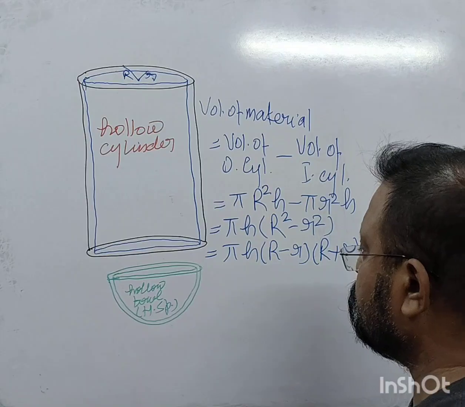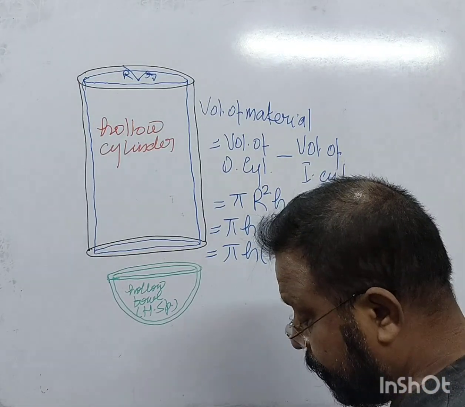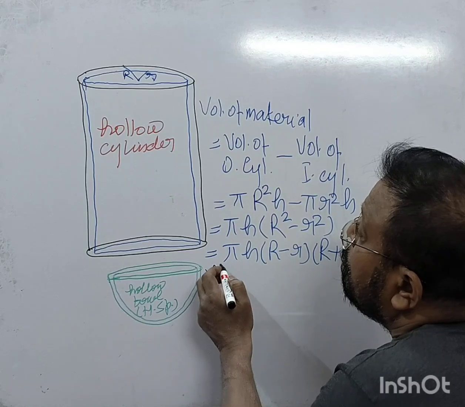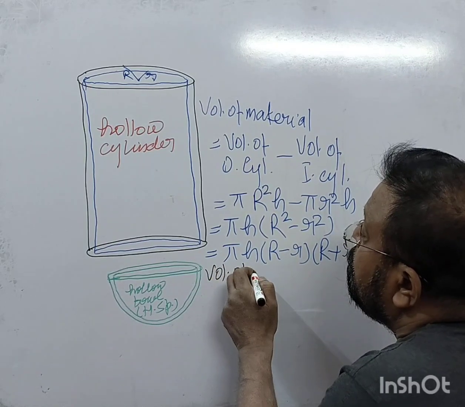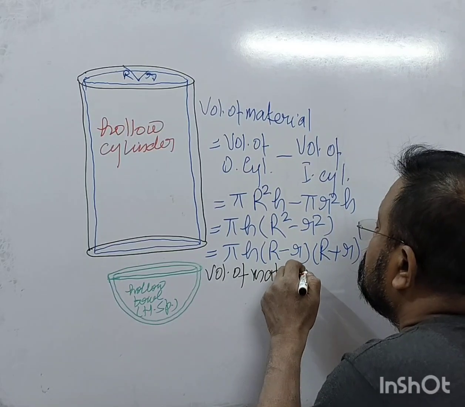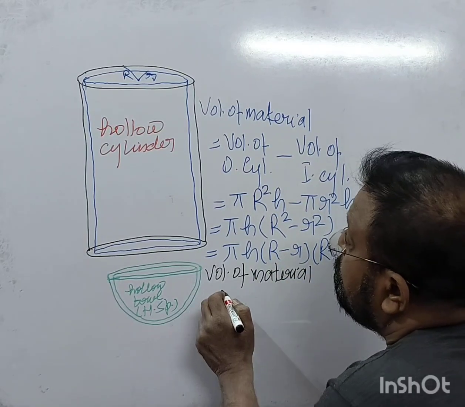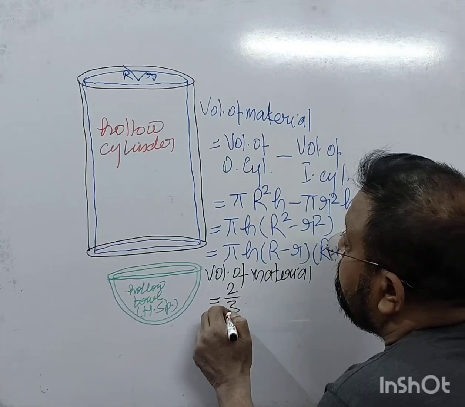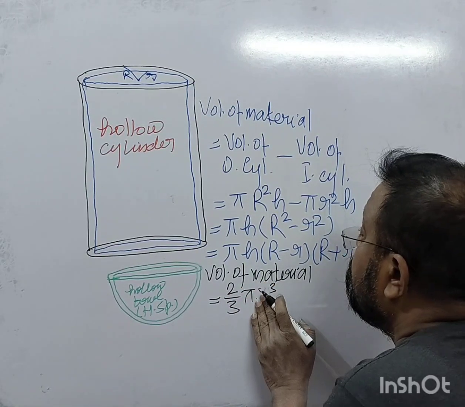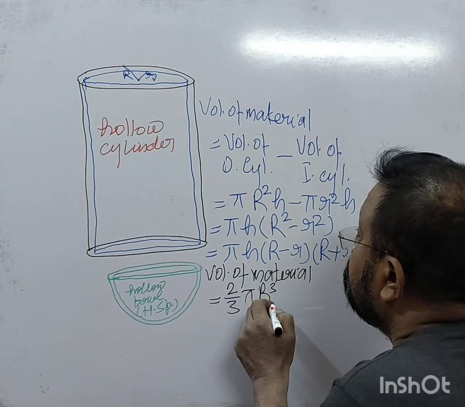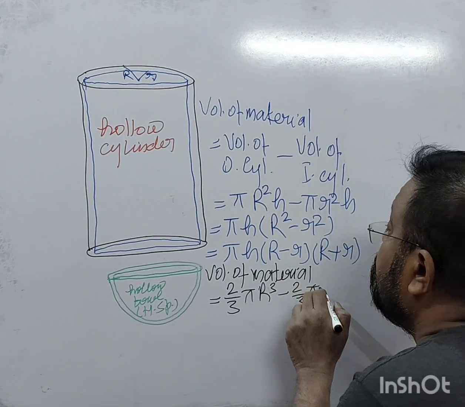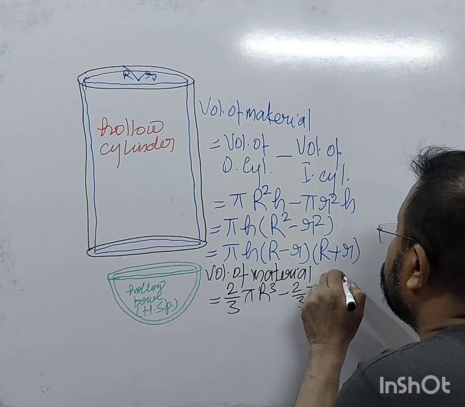So the volume of material is equal to 2 by 3 pi R cube minus 2 by 3 pi small r cube.